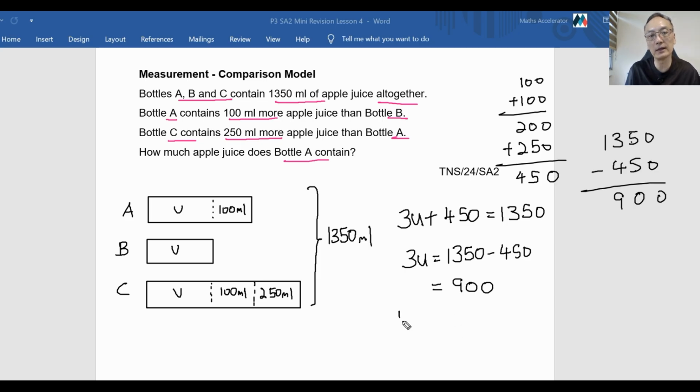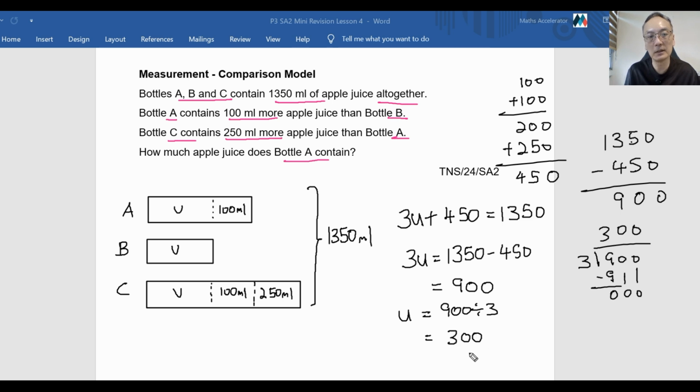Next we have to find the value of 1 unit. So we'll take 900 divided by 3. 3 times 3 is 9, minus, left 0, so the rest are zeros. 900 divided by 3, we will get 300.